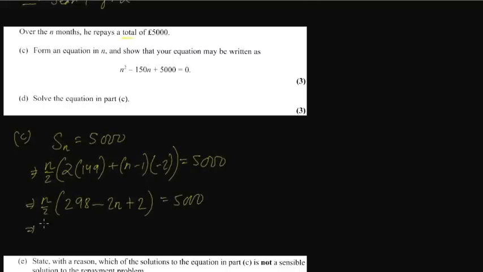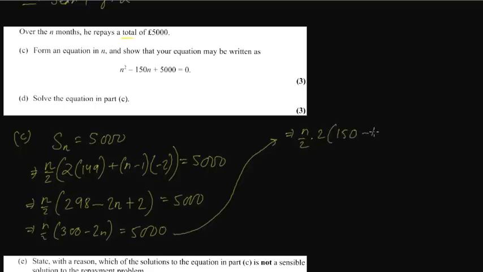So this is going to be n by 2. 298 plus 2 is going to be 300. So 300 minus 2n equals 5,000. Let me bring it here. So this would be n by 2. If I take 2 common from here, it would be 150 minus n equals 5,000.